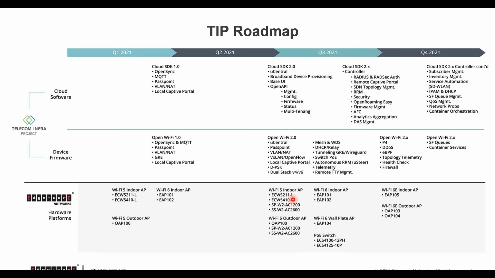Here you can see we contribute Wi-Fi 5, Wi-Fi 6, and we will continue to contribute the Wi-Fi 6 access point EAP104. We will also do the others, like outdoor and Wi-Fi 6E indoor and outdoor SKUs as well. So just to let you know, Edgecore does focus on contributing advanced hardware platforms to enrich our typical Wi-Fi product portfolio.